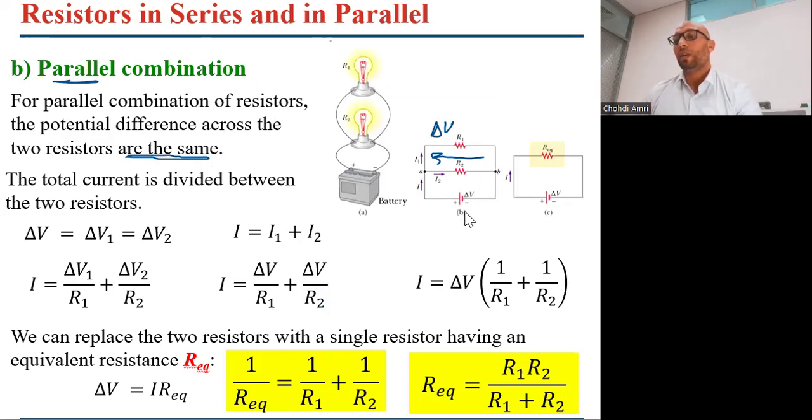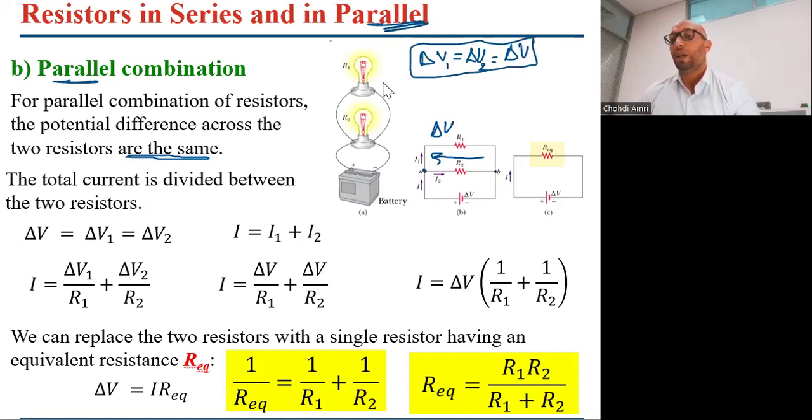That means all of them have the same potential difference. Now, what about the current? According to the loop rule, which we will talk about in the second part of the lecture, the current I will be divided into two currents, I1 and I2. So we can say that delta V1 equals delta V2 equals delta V. This is the first relationship for the parallel combination.